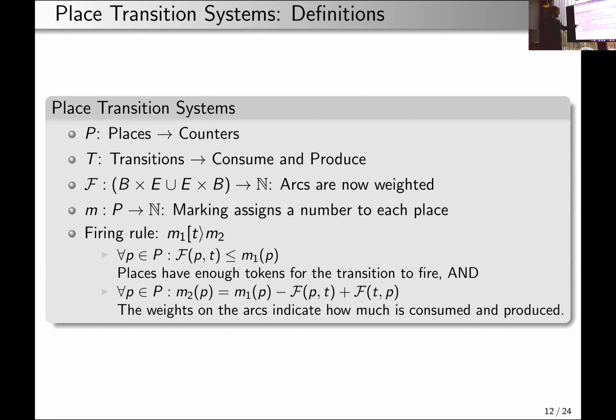And actually, the firing rule becomes that all the preconditions must contain at least as many tokens as indicated by the corresponding arc. And when the transition fires, it will consume what's indicated on each arc and produce what's indicated on the output arcs, okay? So that's very intuitive.